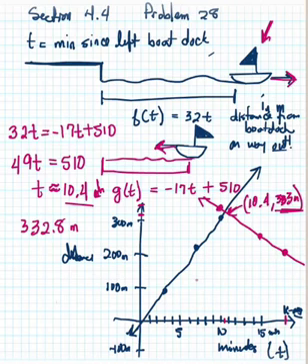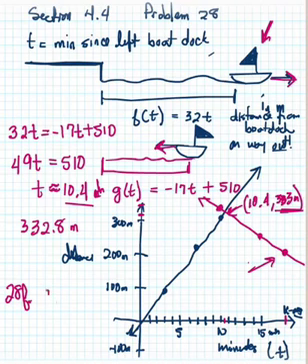When did they arrive back at the boat dock? Well, you can't see on mine, but they're going to arrive back at the boat dock whenever this line hits the x-axis. So this is problem 28F.